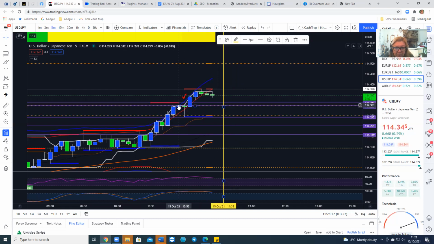So resistance here where it acts as a ceiling, support here where resistance turns into support, and vice versa. So when I talk about support, that means what line, what's the next line price is going to find to make its next move, and that's what we're looking for.